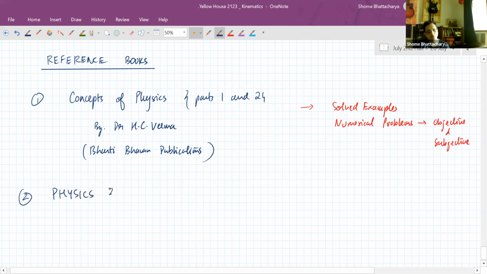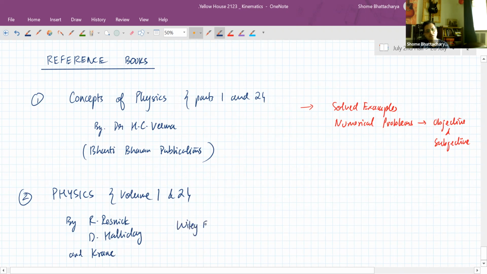Physics, simply called Physics, volumes 1 and 2, again covering both years' syllabus, by Robert Resnick, David Halliday, and Krane. It is published by Wiley Eastern.